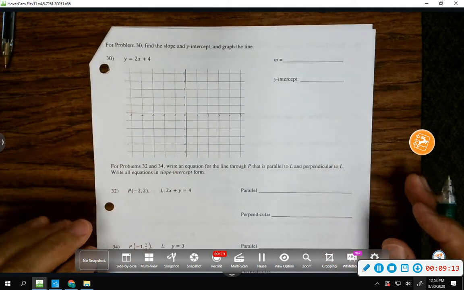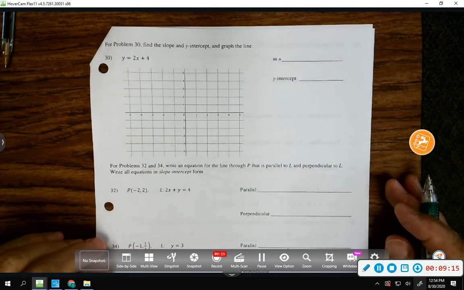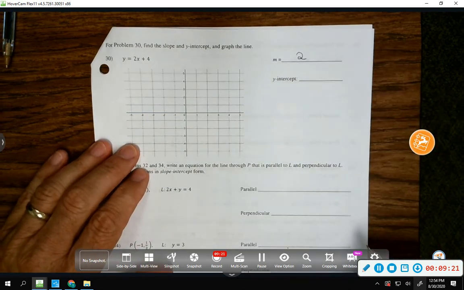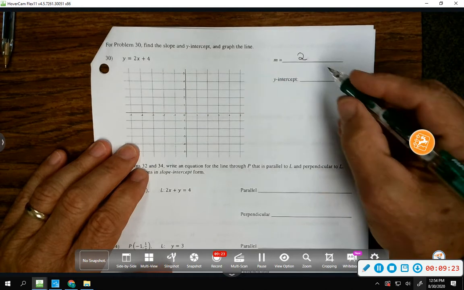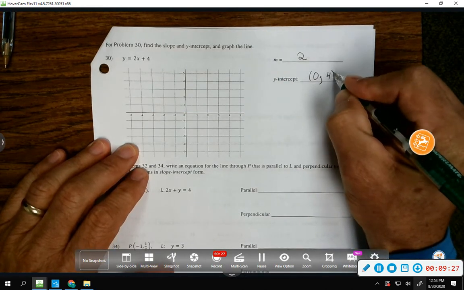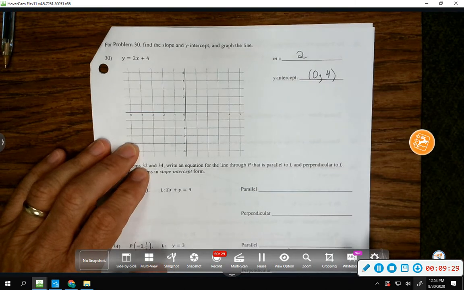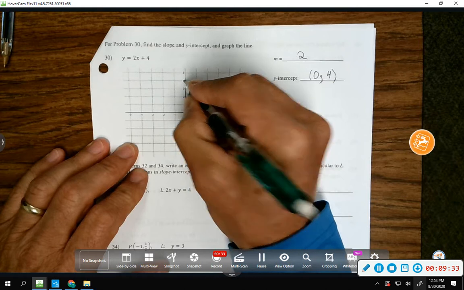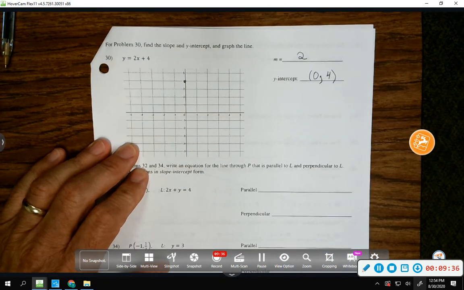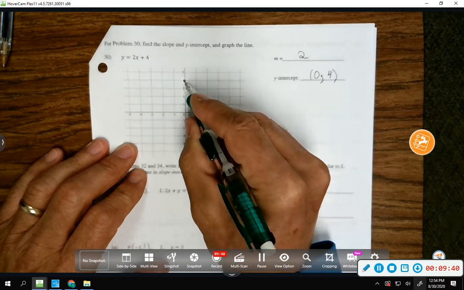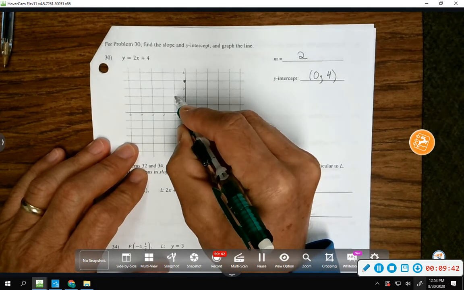Problem number 30. Same thing. Find the slope and the y-intercept and then graph the line. Well, the slope is 2 because that's the coefficient. And the y-intercept is the point 0, 4. Please always list y-intercepts as coordinate points. Here's 0, 4, right here. The slope is going to be up 2 over 1, so that means if I go down 2, I go back 1.